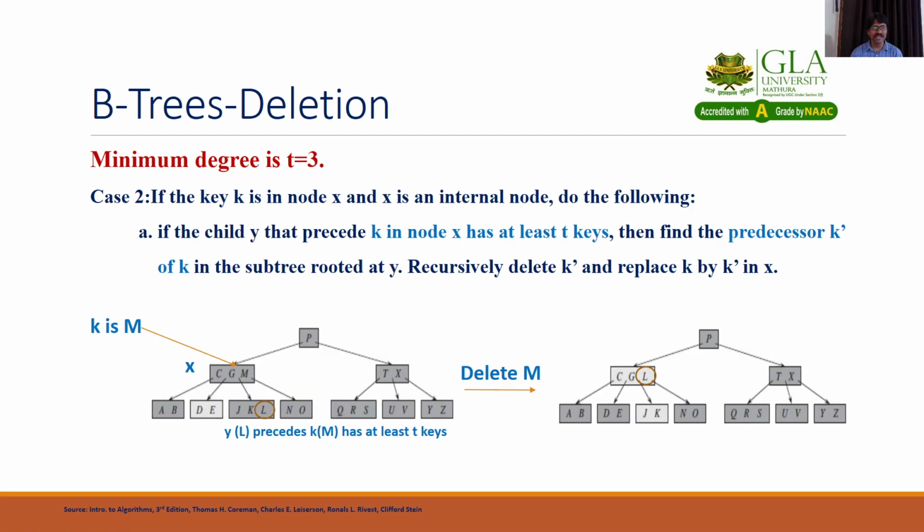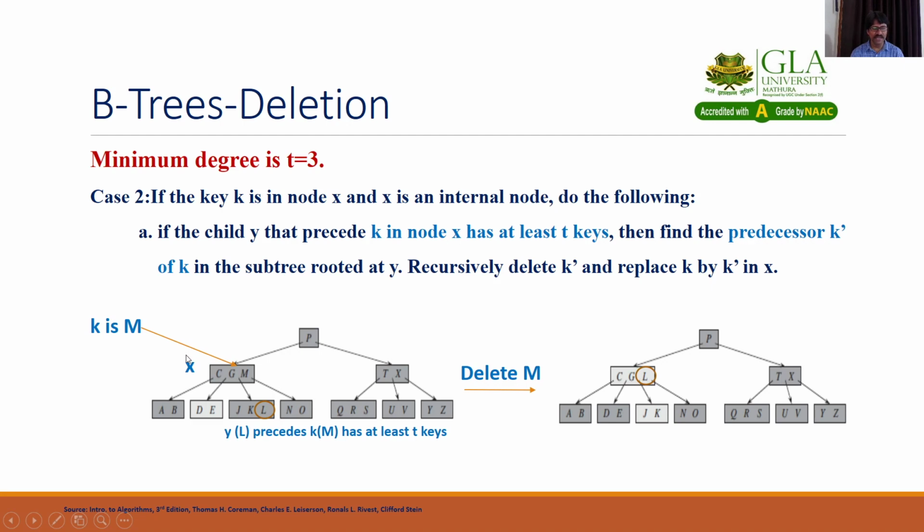Now I talk about case number 2, which is totally dependent on the internal node. If the key you are going to delete exists in an internal node, then you have to follow 2a, 2b and 2c. First 2a: we are going to delete the element m, key k, which exists in node X, and X is an internal node.